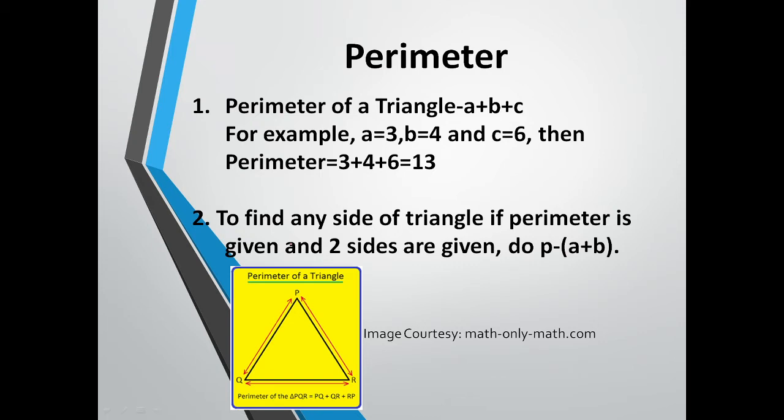Okay, so we can use certain properties according to the triangles. For example, if it is an equilateral triangle, even if we are just given one side, we can do 3 into side, because in an equilateral triangle all sides are equal. And if it's an isosceles triangle, two sides are equal.